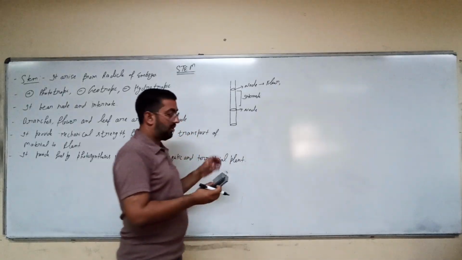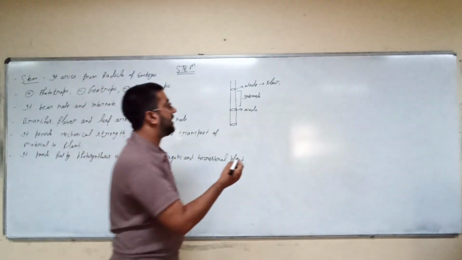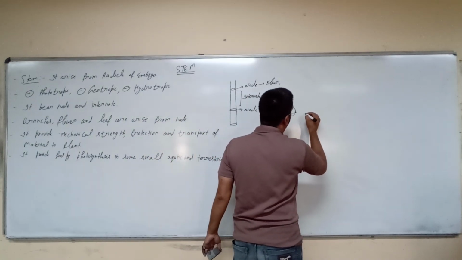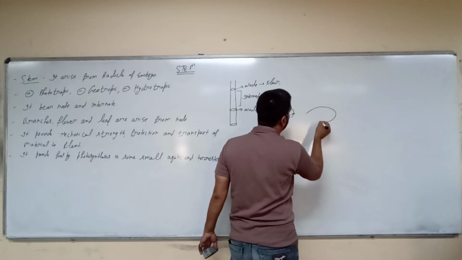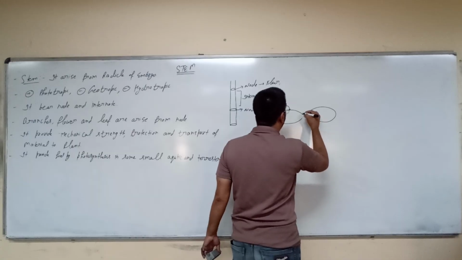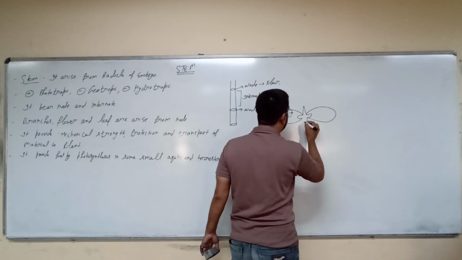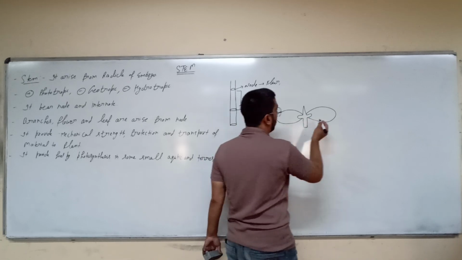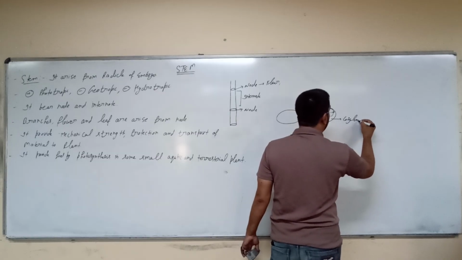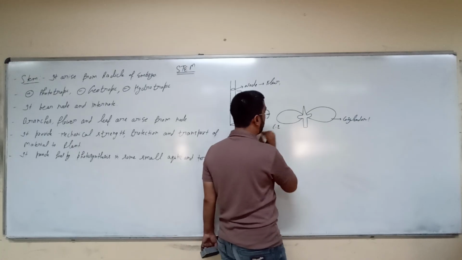Next, the roots are modified into three parts. First of all, we make a diagram of the embryo. This is the embryo. This is cotyledon 1 and this one is cotyledon 2.